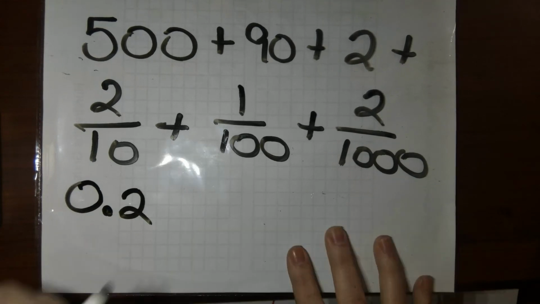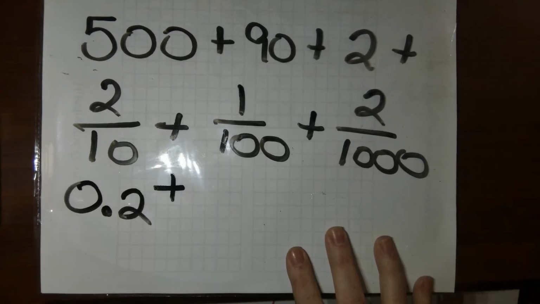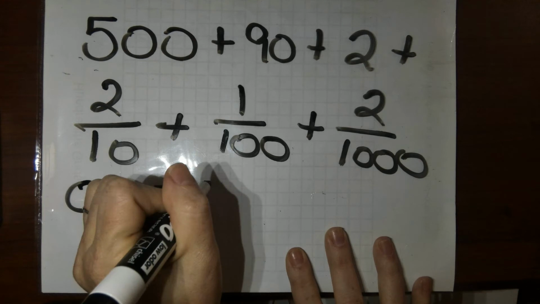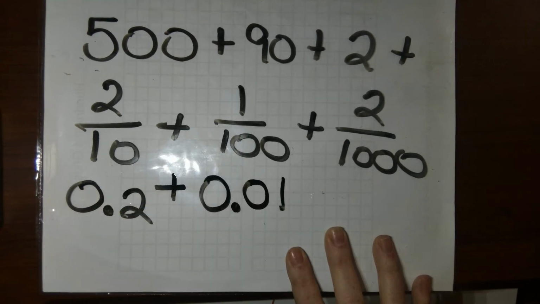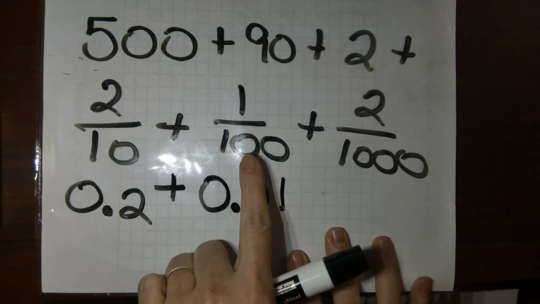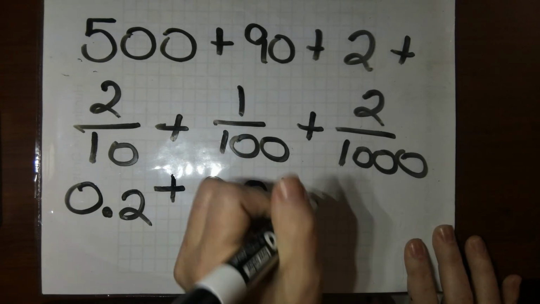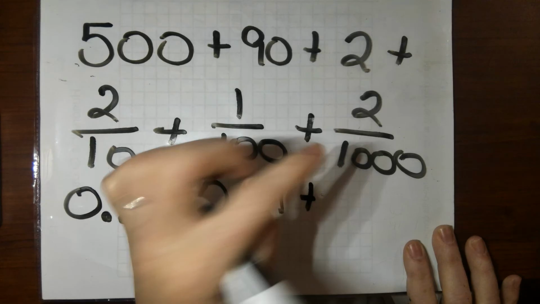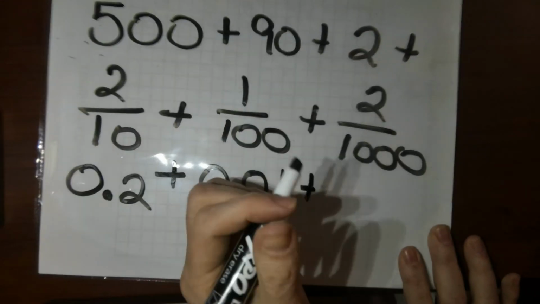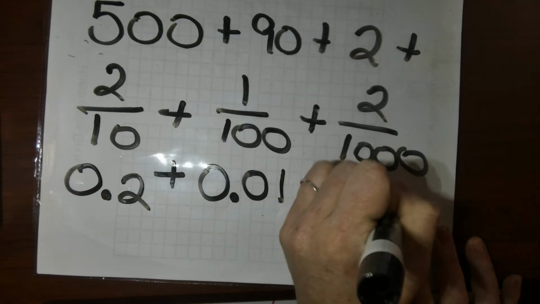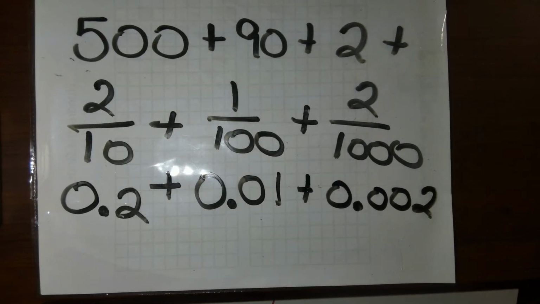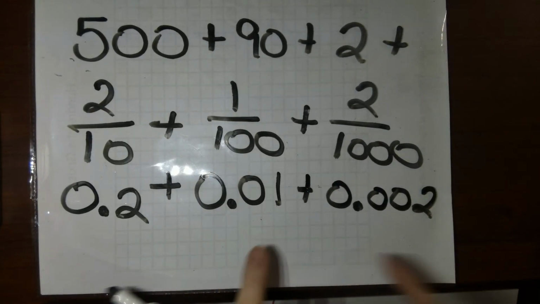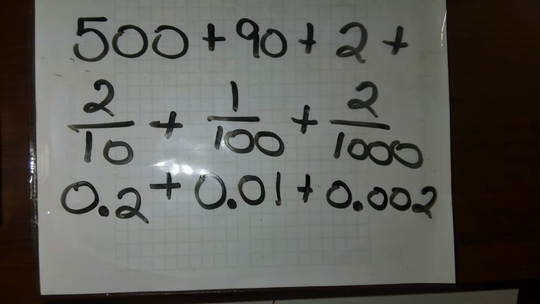Instead of 1 hundredth as a fraction, you would have a 1 in the hundredths place. So that reads as 1 hundredth, just like this does. And then instead of having 2 thousandths as a fraction, you might see 2 thousandths as a decimal. But again, it's even more of a hint, so I think it's probably going to be even easier for you.